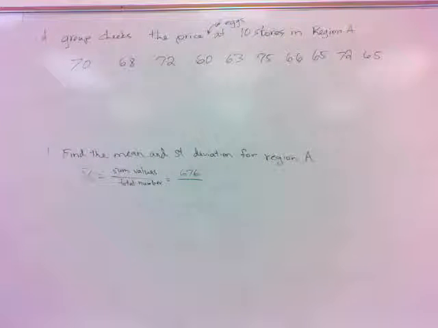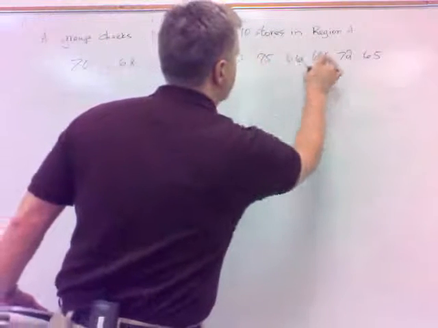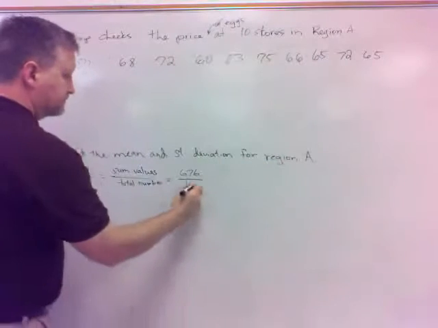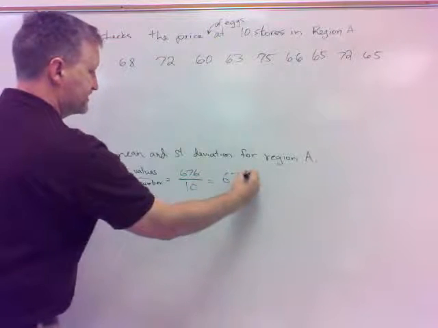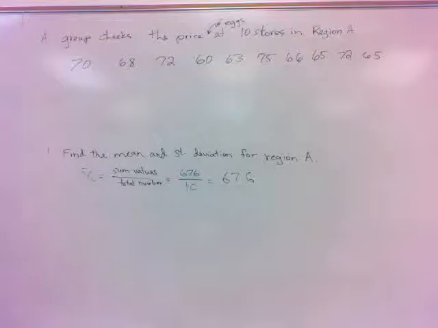And we should divide that by the total number there are. There should be 10, which is going to give me 67.6. So that's my mean.